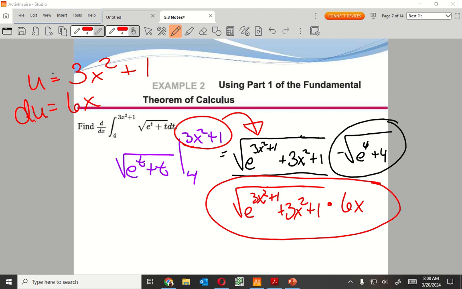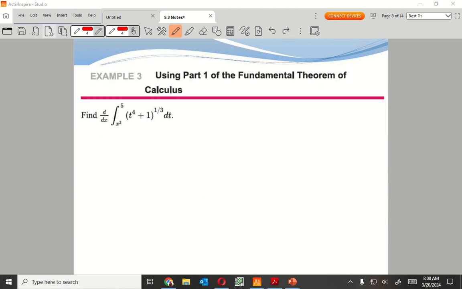Okay, so now let's try another one that's going to do the same thing. For this one, if you notice, my x cubed is on the bottom. It's the lower bound. Every time we do this, it's going to be capital F of x, the integration.